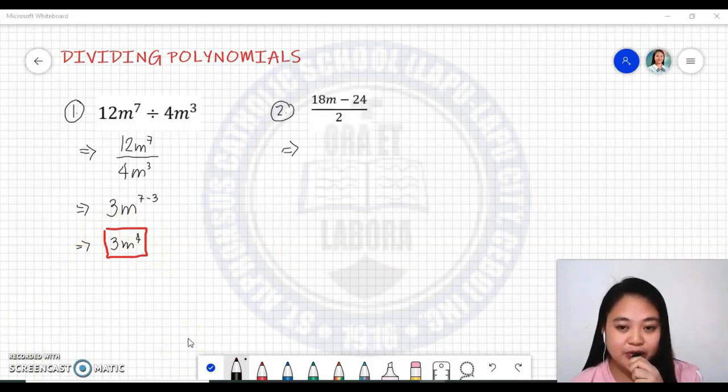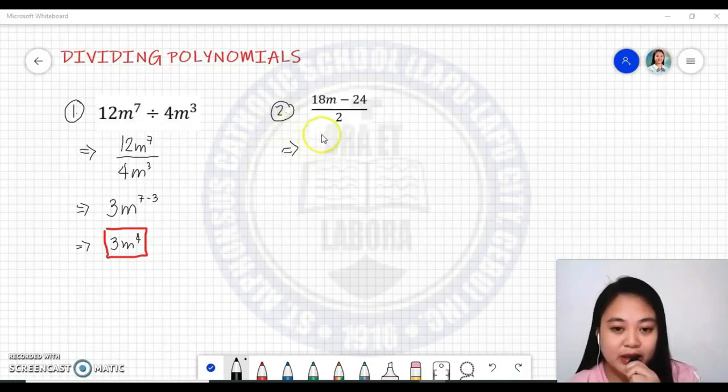18m minus 24 divided by 2. For us to have an easier division process, we will separate the two terms and divide each term by 2, like this. 18m divided by 2 minus 24 divided by 2.